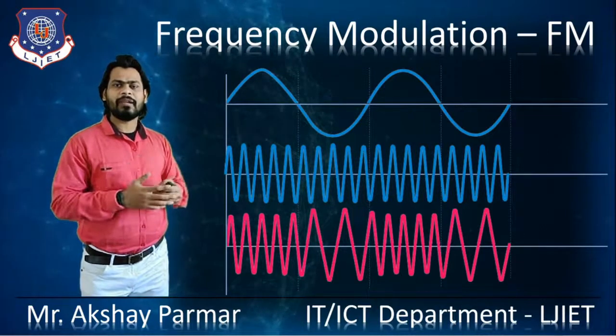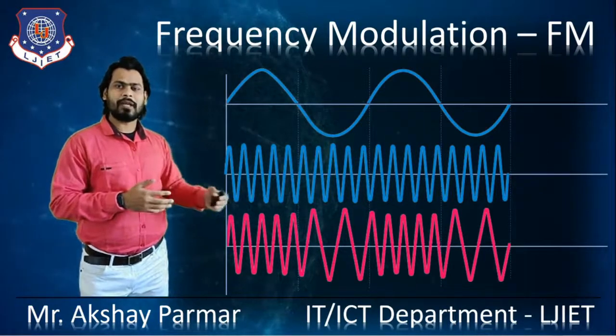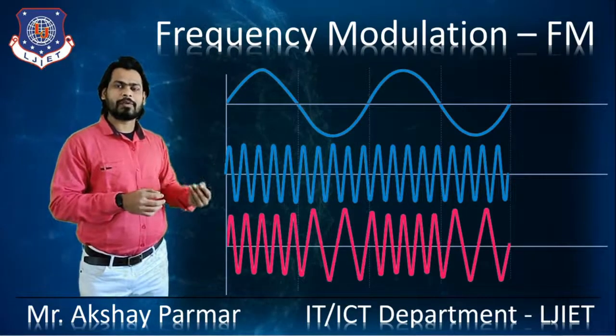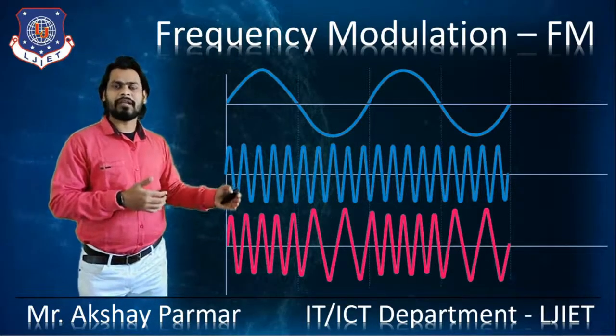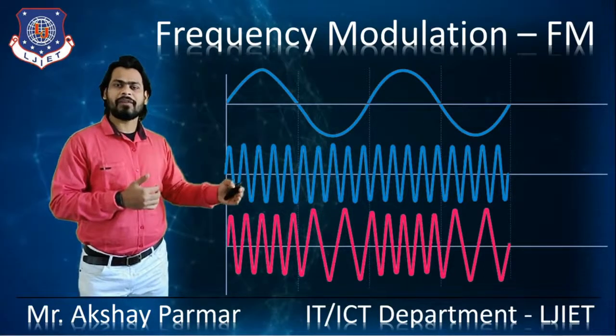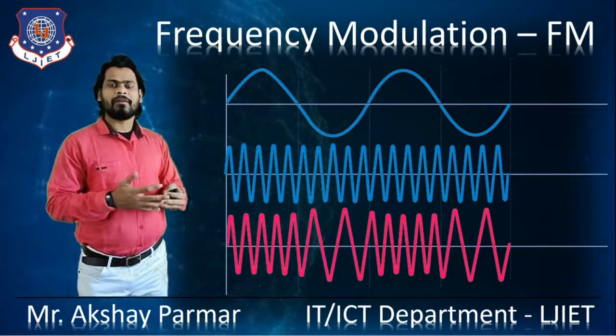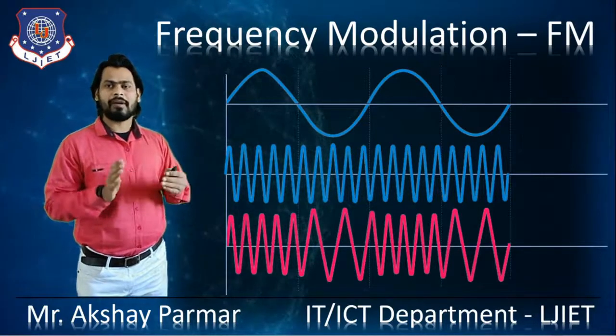Here you can observe that in the positive phase, the carrier frequency is high, whereas in the zero to negative portion, the signal has a lower frequency, right? Whenever the signal is on the positive side, it has the higher frequency.